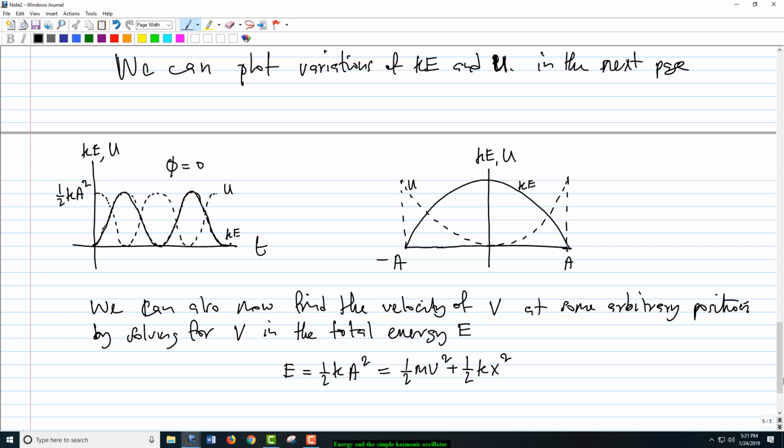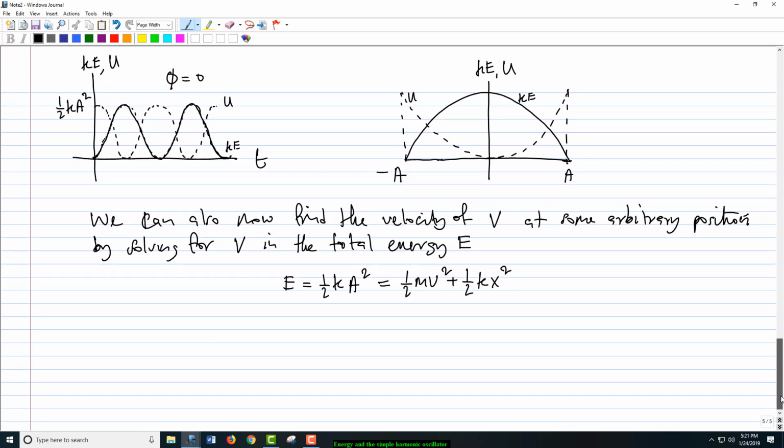So at this point, we can solve for v in this formula. We can say that half m v squared is equal to half k A squared minus half k x squared.